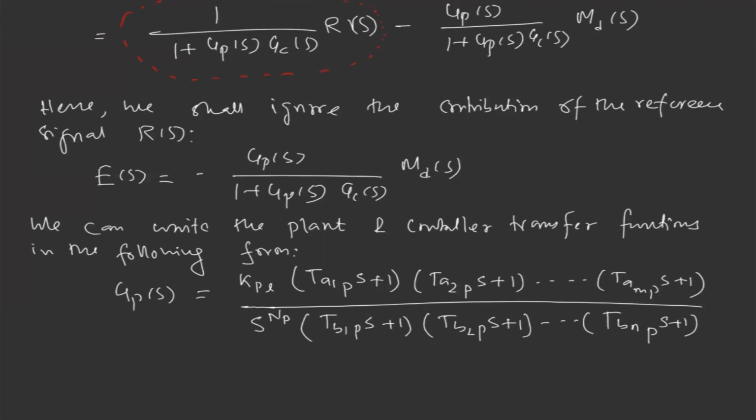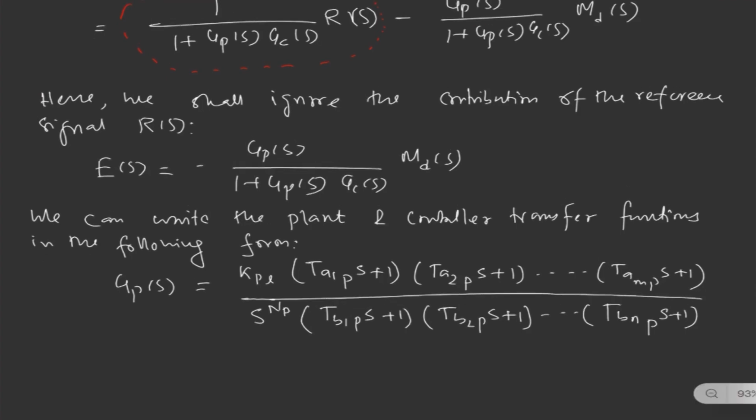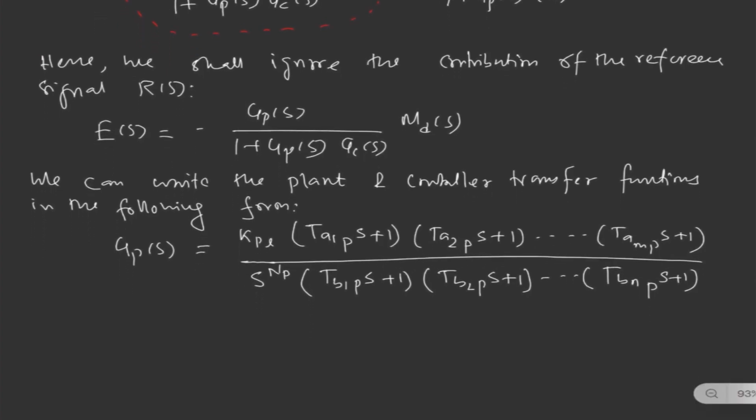The numerator part yields the number of zeros, and the denominator gives the number of poles in the system.